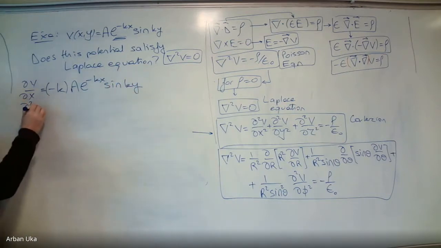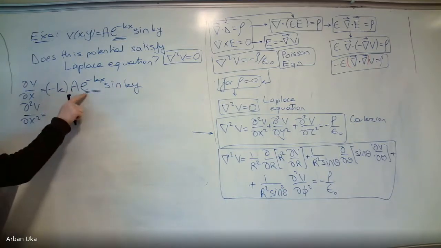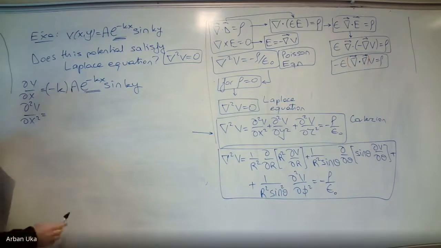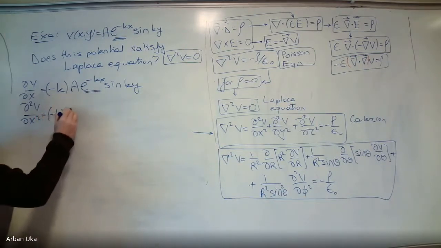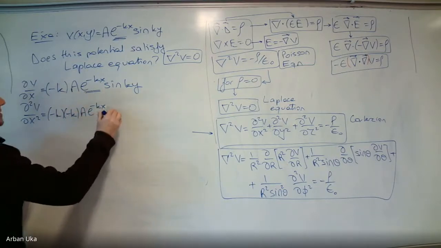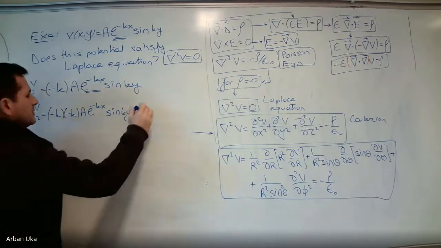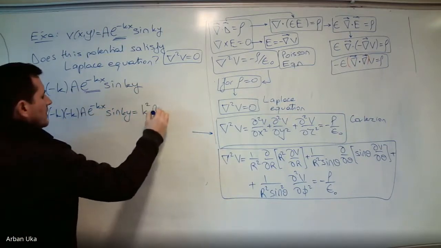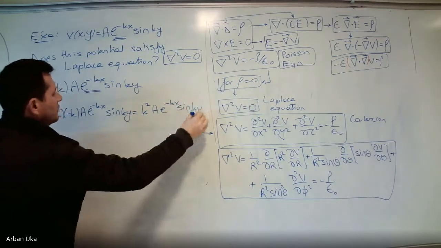The second derivative of V with respect to x again, we will bring a second minus k term, which comes from the derivative of this function. So we get minus k times minus k, A e to the power minus kx sine ky, and here we get k squared A e to the power minus kx sine ky.